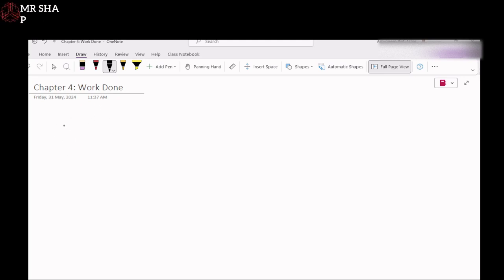So say you have an object, and that object travels at some displacement, right? And to make that happen, we have applied some force. So what is work done?